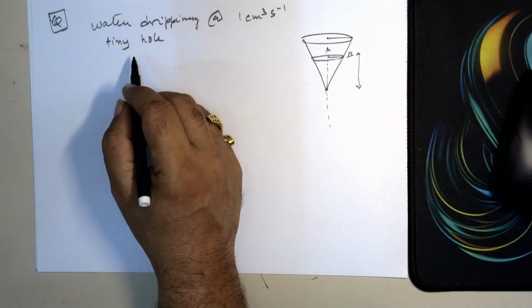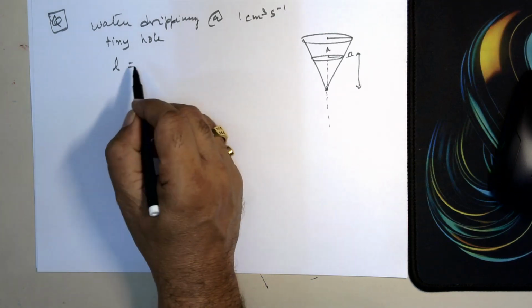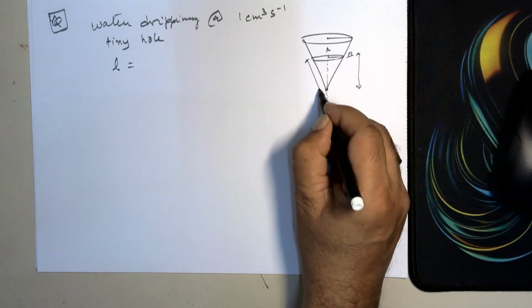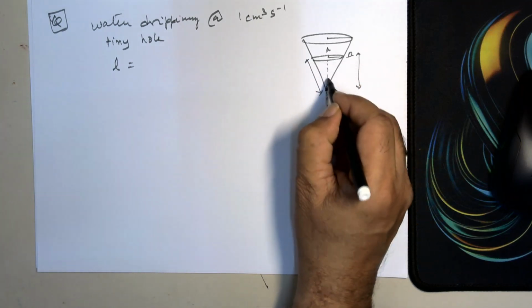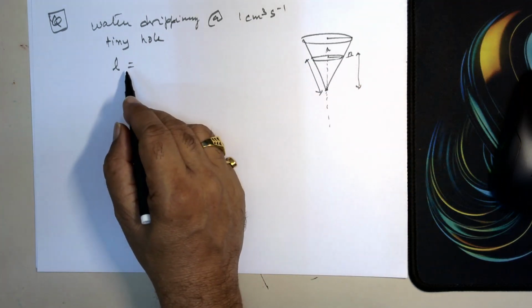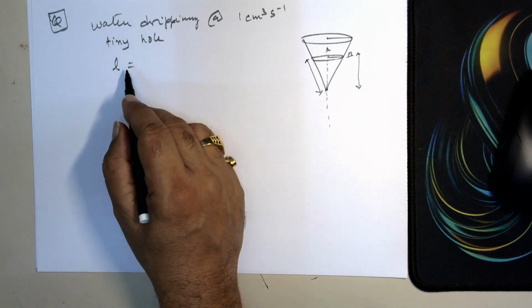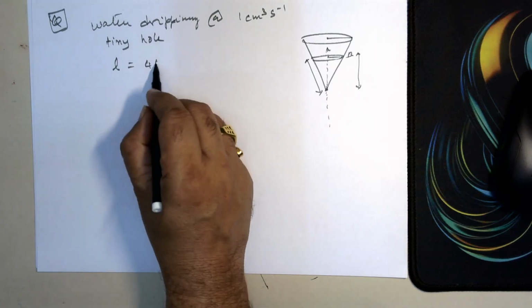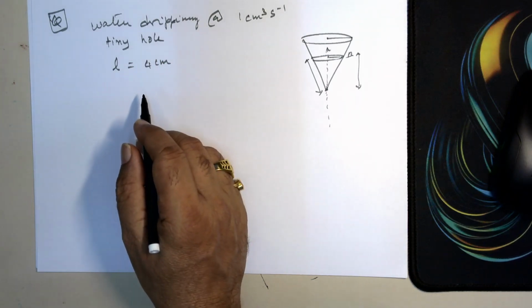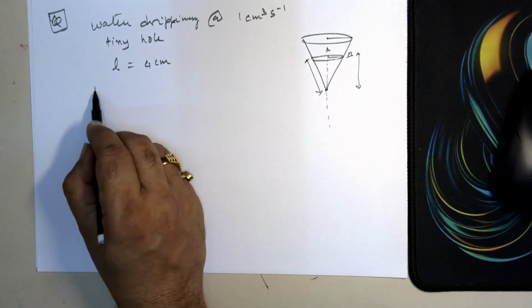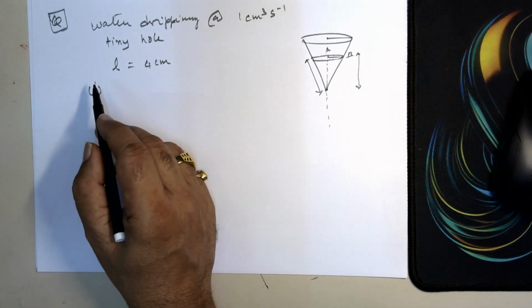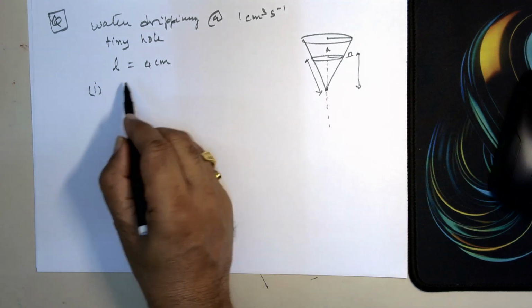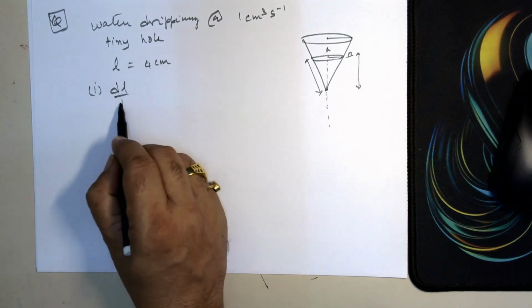When the slant height of the water, what is that? L. They talk about only the slant height of the water level. So slant height L is 4 centimeter. Find the rate of decrease of slant height, dl by dt.